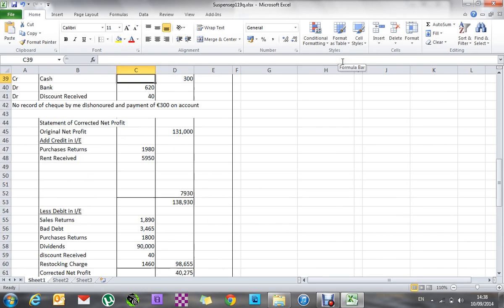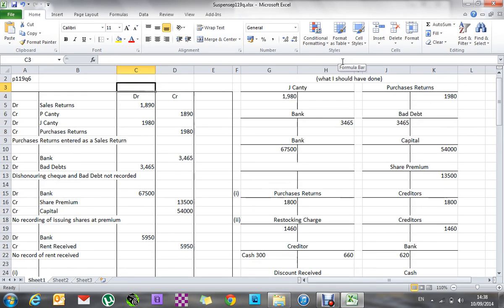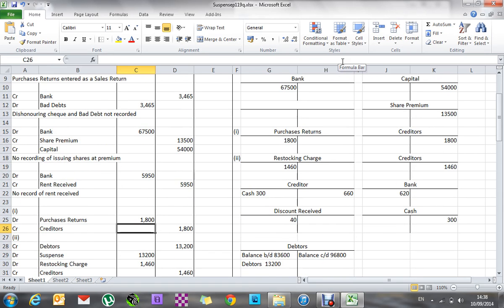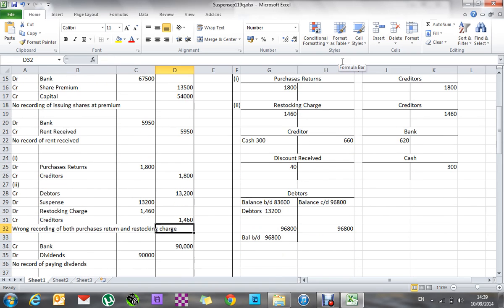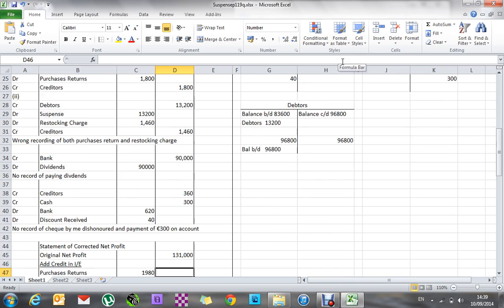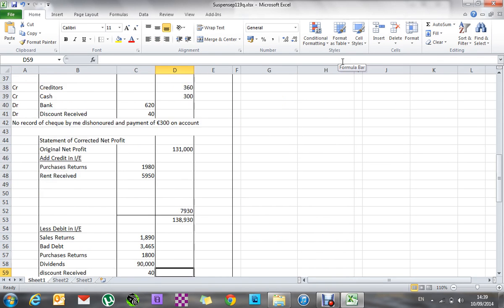We're going to take away 1980, and then there are notes down here: 1980, and we're going to add on 1800. That's a credit entry, so 1980 taken away, so 180 is going to be taken away now. And I see on this 1460 is going to be added on, and 360 is added on, so that makes sense.